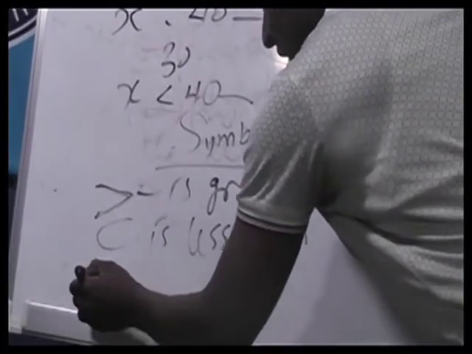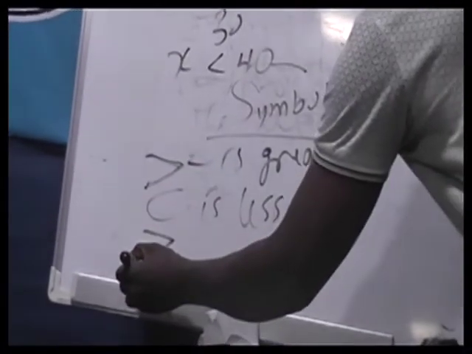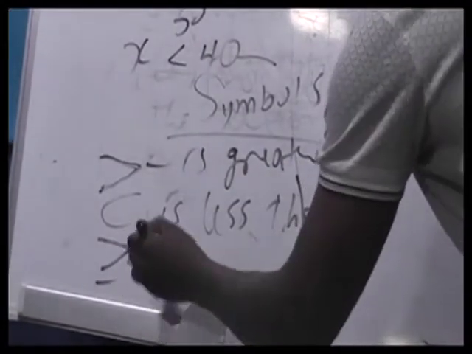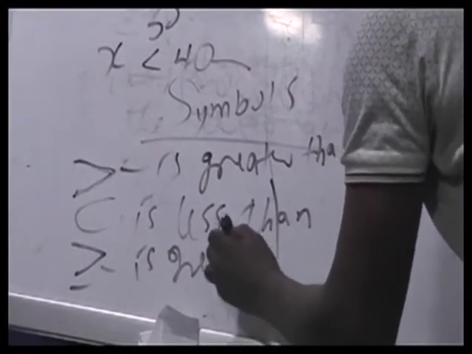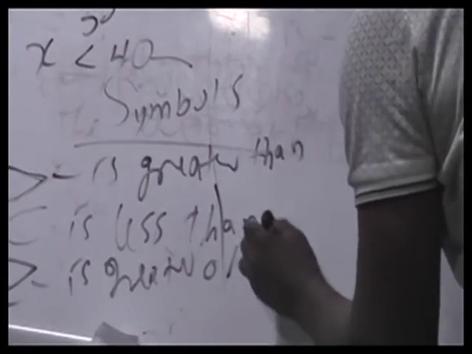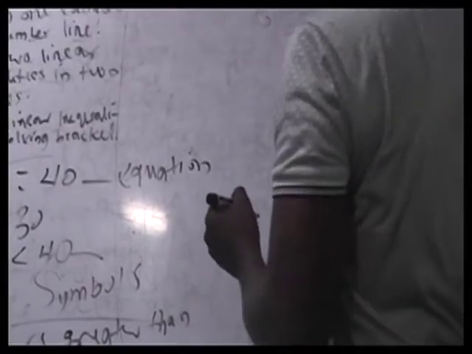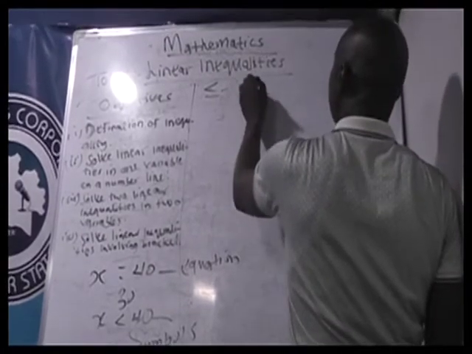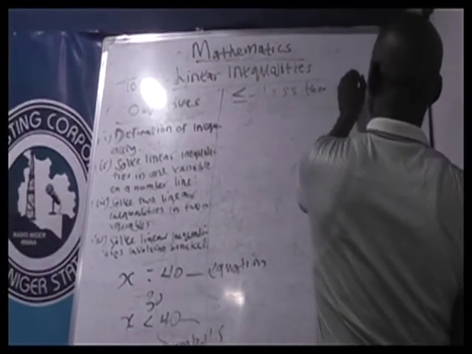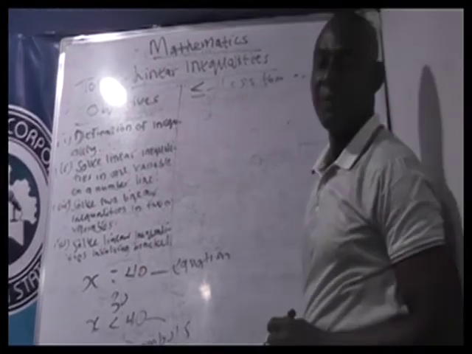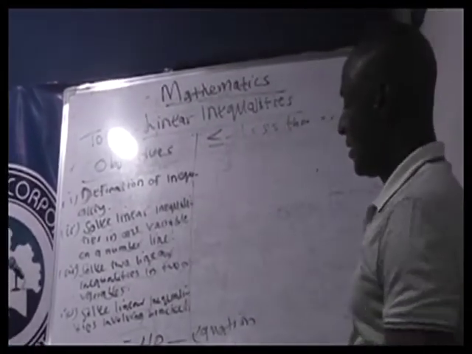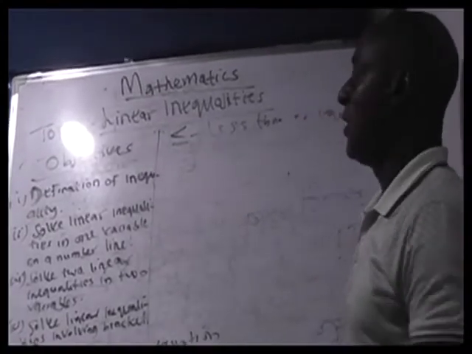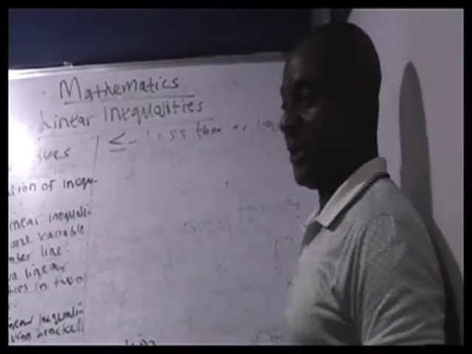If you have the first one, as if you are drawing the cap and you have a bar below it, is called greater than or equal to. And we also have another one in this form, as if you are reversing the cap, then a bar below it, is called less than or equal to. So these symbols are very common in solving problems in inequalities.